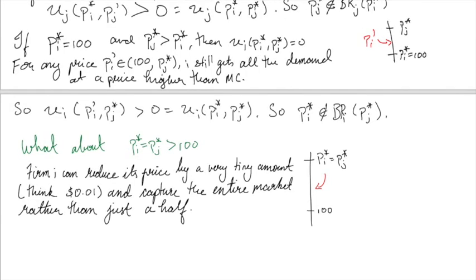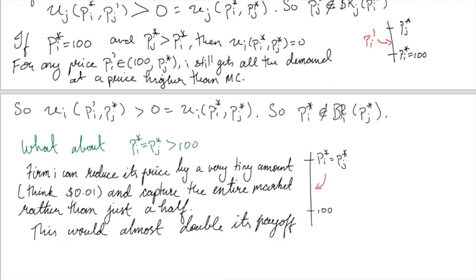So firm I can reduce its price by a very, very tiny amount, think like a penny, and capture the entire market rather than just half. So it can more or less double its payoff. The price reduction would be very, very small compared to the increase in demand. The demand would double and the reduction in price would be insignificant, and so the total profit would nearly double. So it can't possibly be that these firms are best responding to each other.